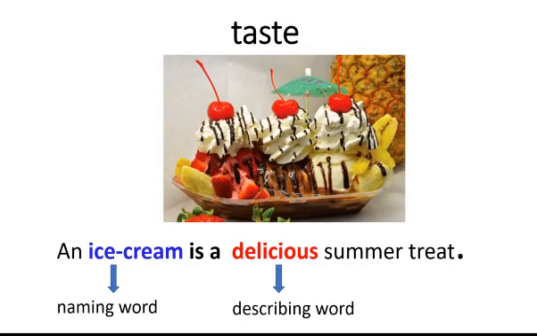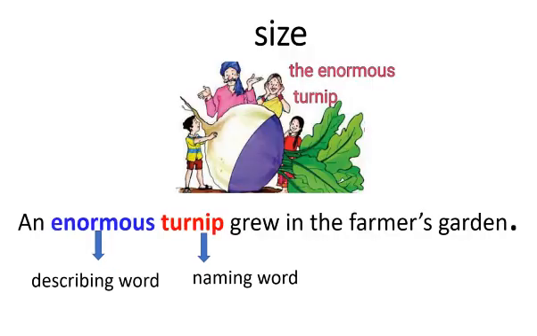An ice cream is a delicious summer treat. Ice cream is the naming word and delicious is the describing word. An enormous turnip grew in the farmer's garden. A turnip grew in the farmer's garden. But what kind of turnip? What is the size of the turnip? Enormous. So enormous is the adjective, turnip is the naming word.